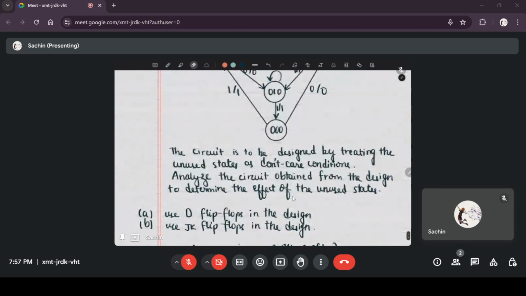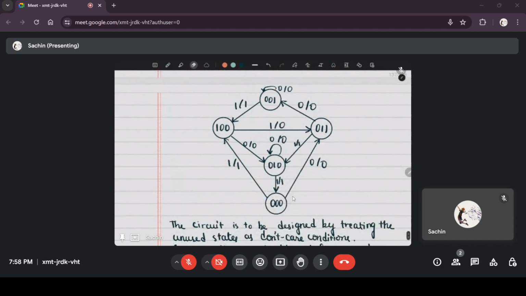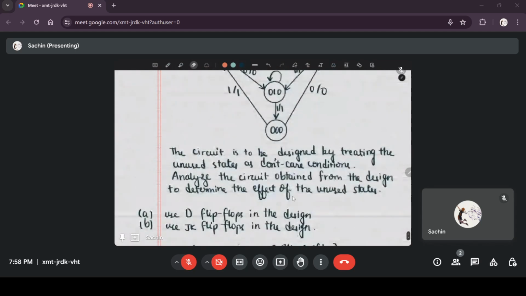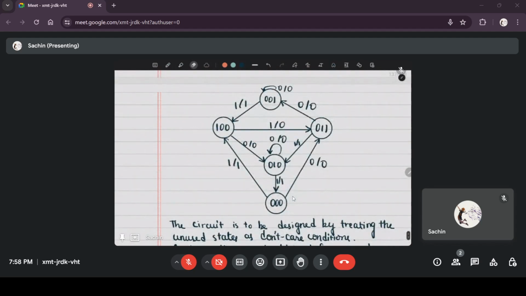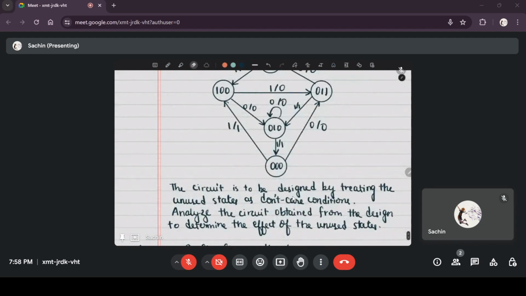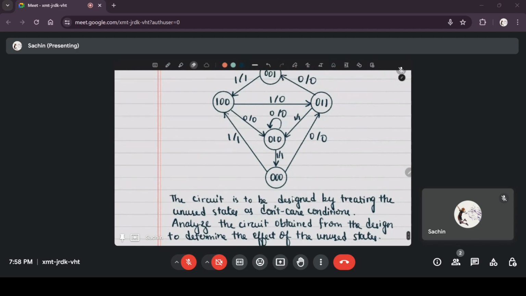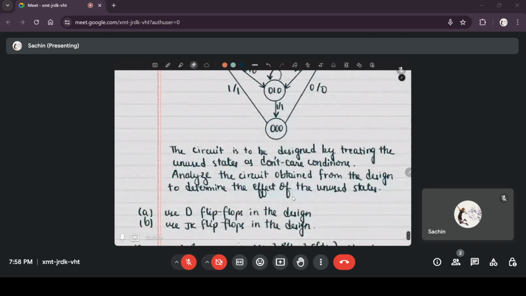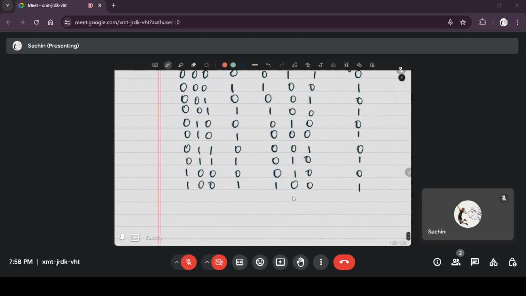From 010 stay in 010 or go to 000. From 011 you go to 001 or 010. From 100 you go to 011 or 010. So from 100 you don't go to 100. The final line is wrong. So from 100 you actually go to 011 with output 0.